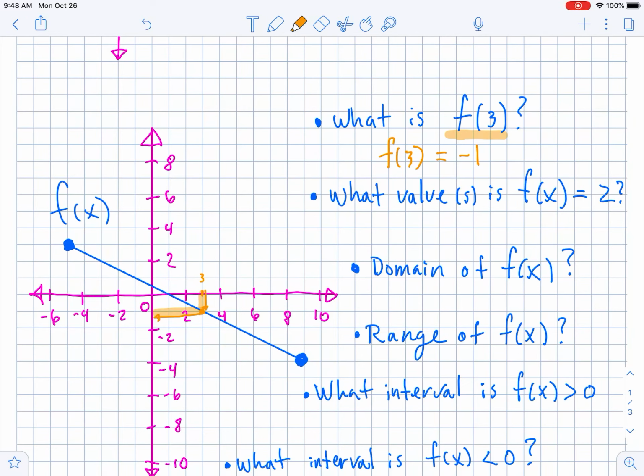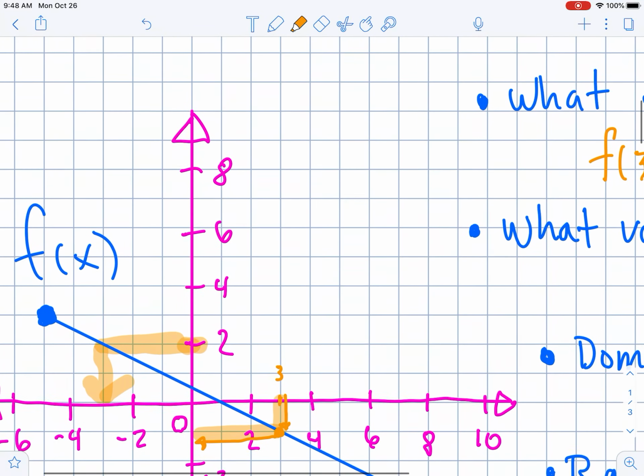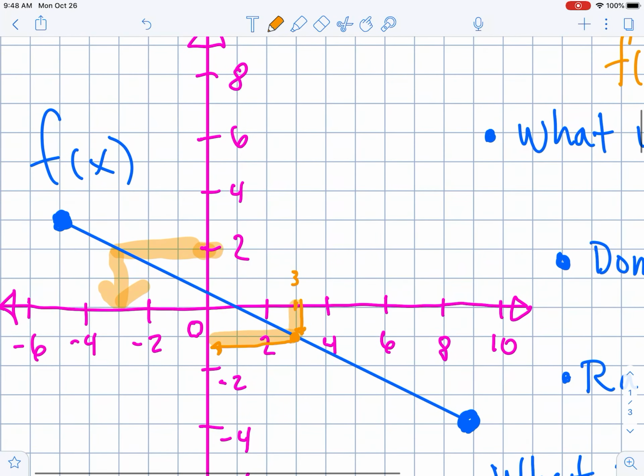Now the next one, so that first one was putting in an input and seeing what output comes out. The next one is they tell us the output. The output is 2, and they want to know what x went into it to get an output of 2. So now, instead of starting with the x and finding the y, you have to start with the y of 2, trace it over to the function, and then drop it down and see what input would have given us that.